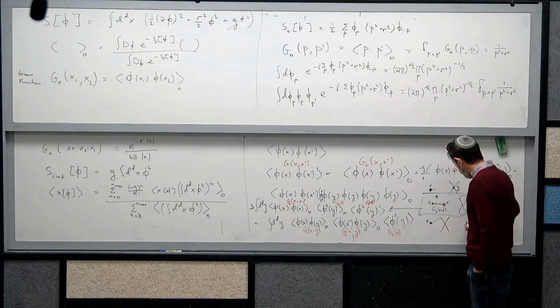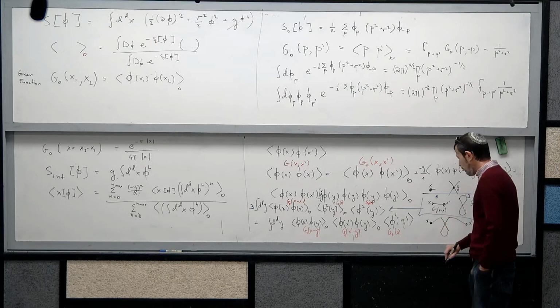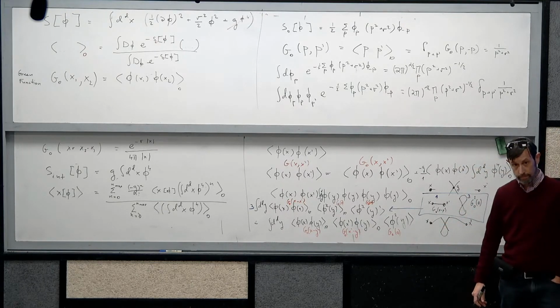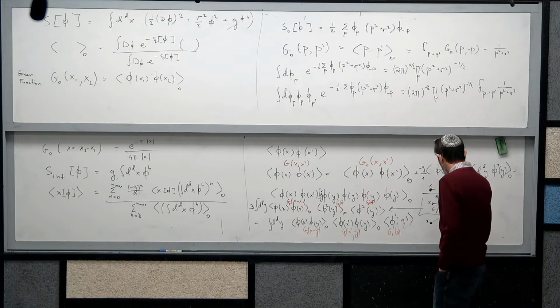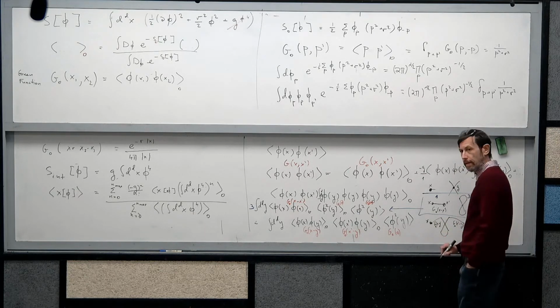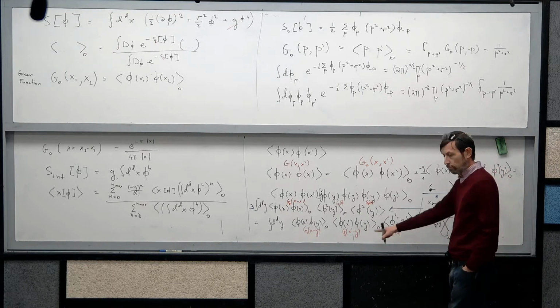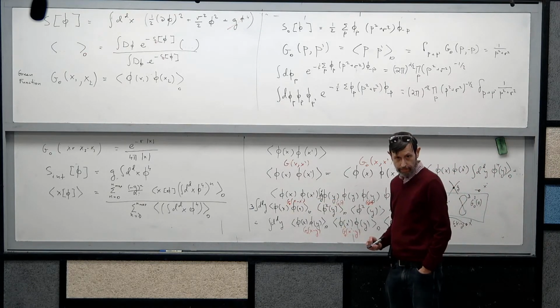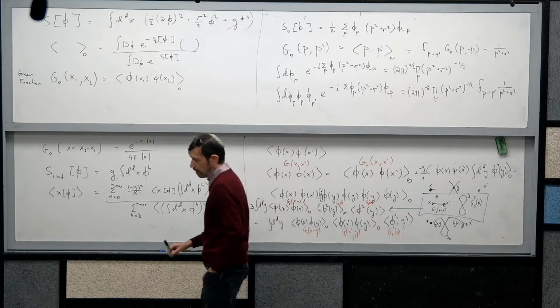Let me just, for neatness, connect it up and connect this guy with this. So this is G of x minus y. This is G0 of x prime minus y, and this is G0. Exactly what I have here.